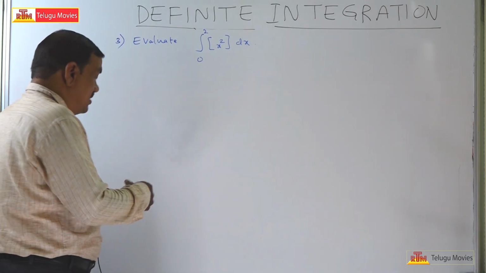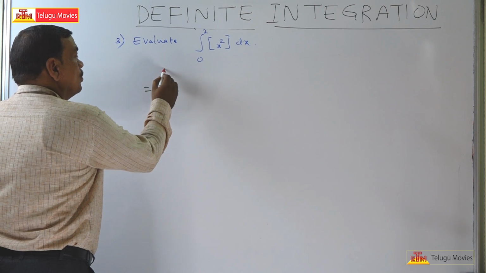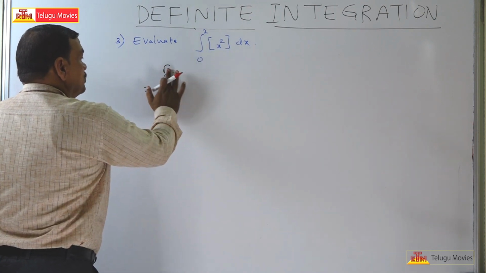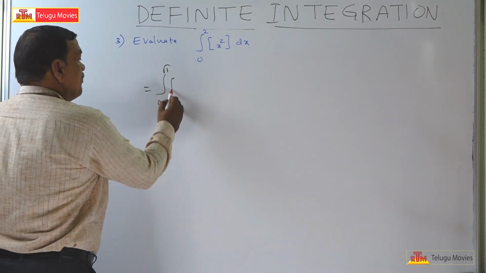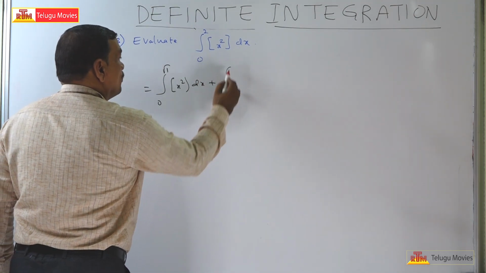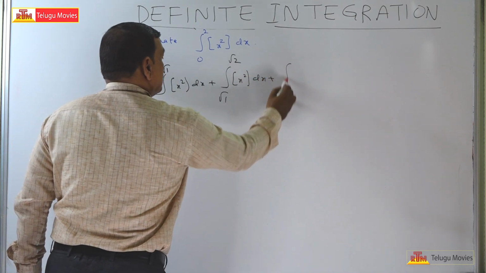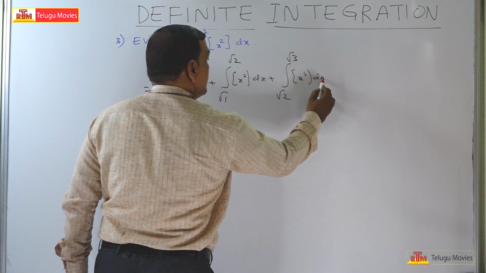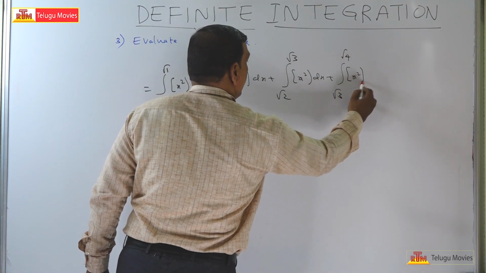Then we can divide this interval into integral 0 to root 1, that is step of x square dx, plus integral root 1 to root 2 step of x square dx, plus integral root 2 to root 3 step of x square dx, plus integral root 3 to root 4 step of x square dx.